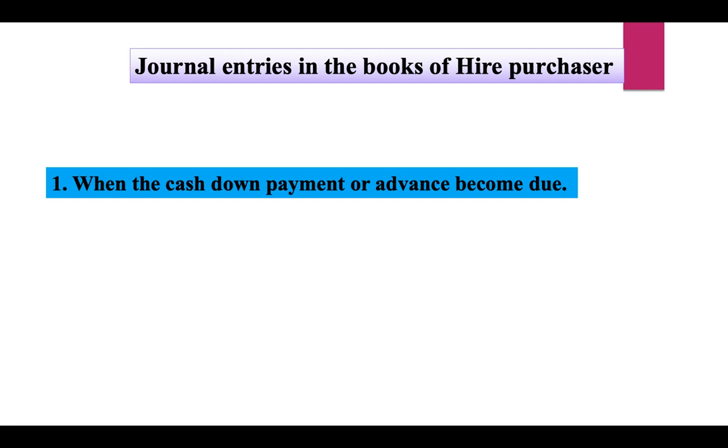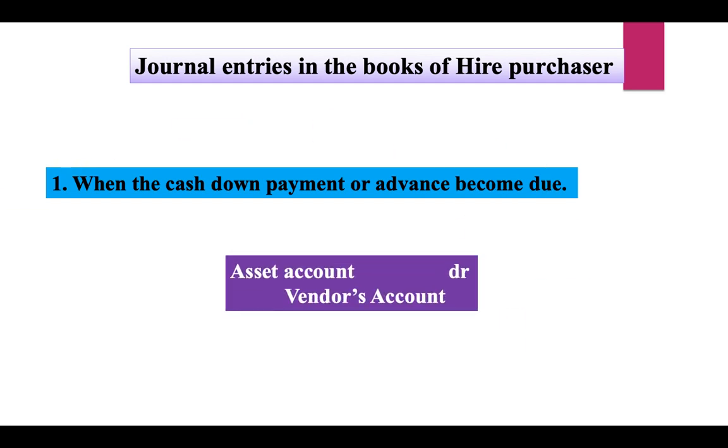One is the asset account and the other is the vendors account. We have to debit the asset account with the full advance amount and credit the vendors account. So the journal entry will be debit asset account and credit vendors account. This is the first transaction under the asset accrual method.